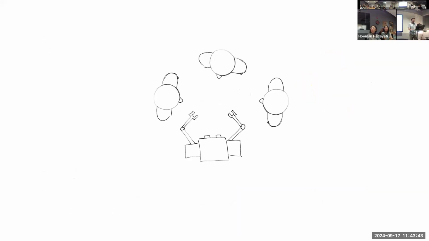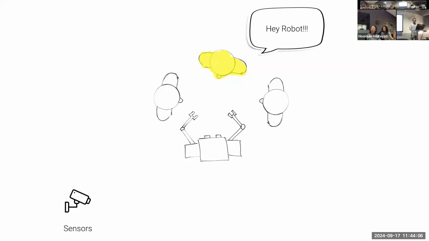For this one, when we have a human and a robot talking with each other, this pipeline happens behind the scenes. A user initiates an interaction, whether by saying something or approaching the robot. Then we have robot sensors, such as depth cameras, RGB cameras, and many other sensors that robots can use.